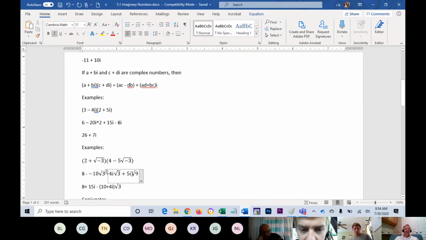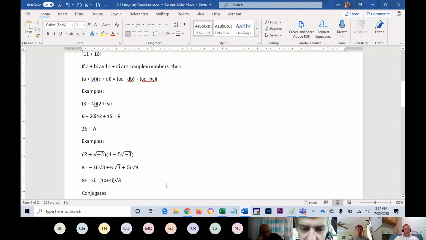So it would end up being 8 minus 15. So it would be negative 7. Yeah, so this becomes that whole thing, minus 15 now. And then it simplifies to negative 7.